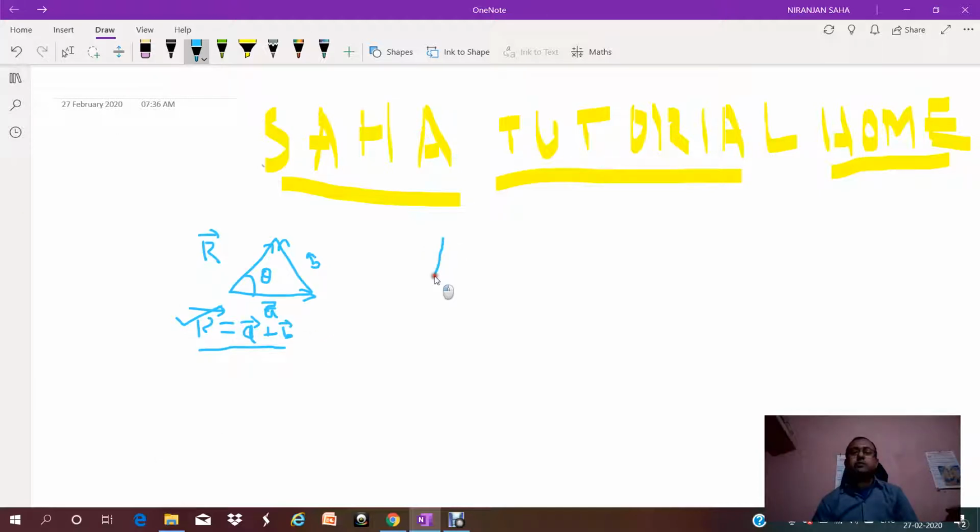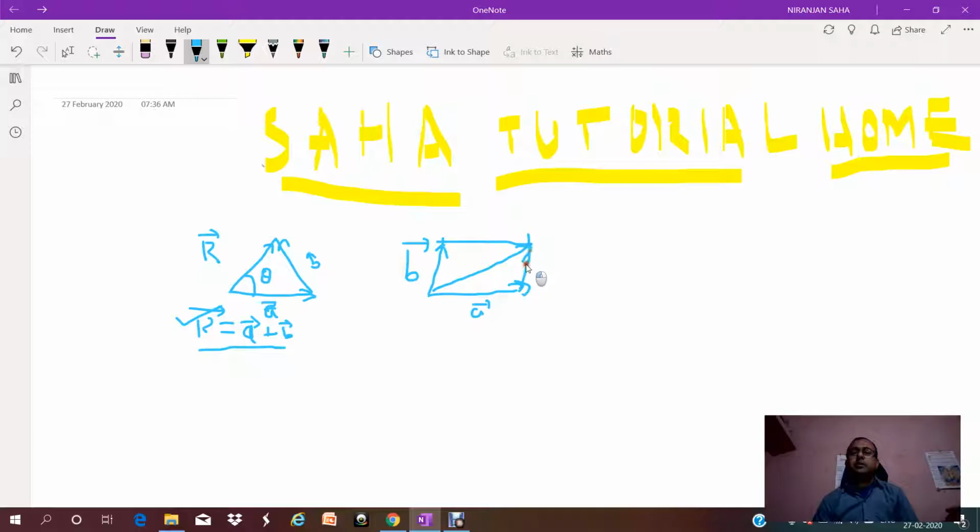Or the parallelogram law. If we take two adjacent sides, they can be represented by two vectors, vector A and vector B. The diagonal is the resultant vector.